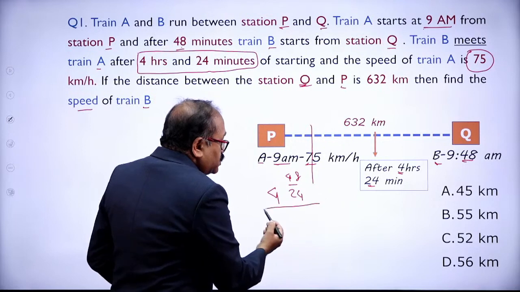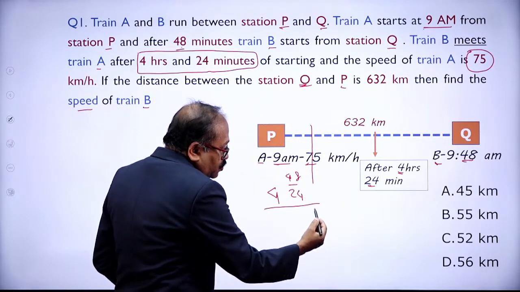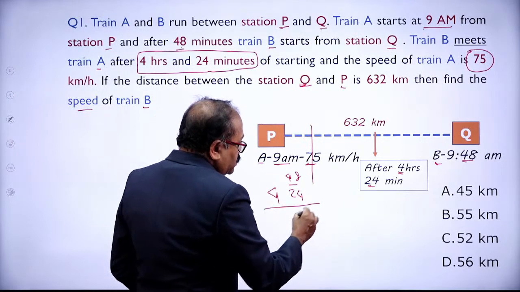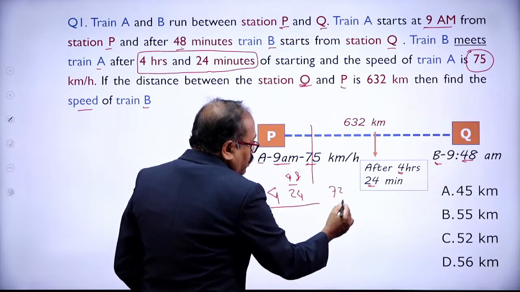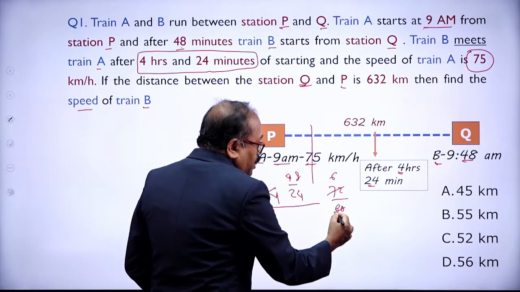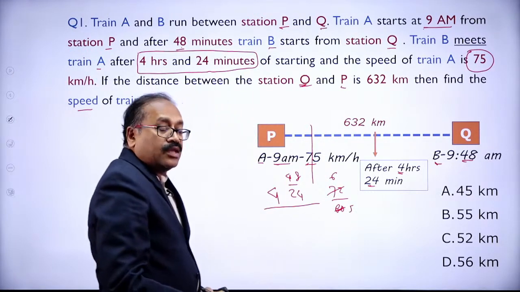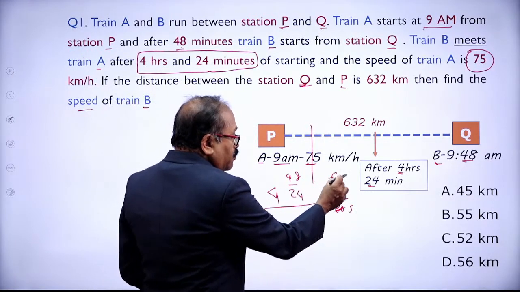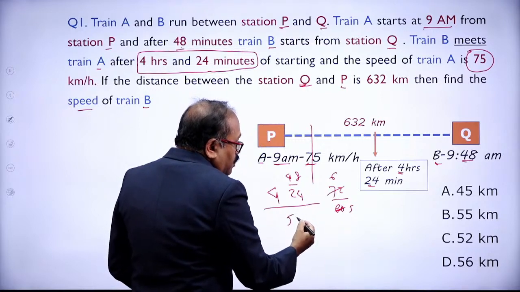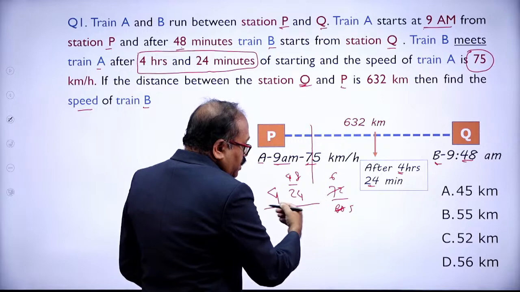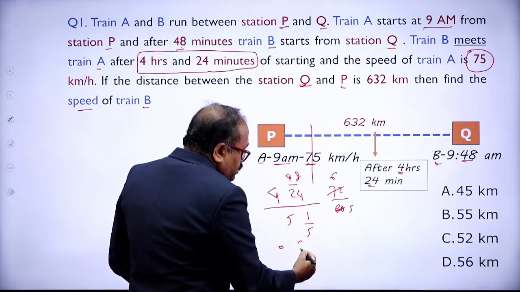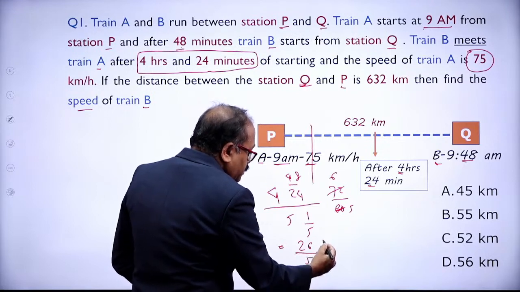Let's take how many hours this is. 48 minutes is 48 by 60, which is 4 by 5 hours, and 4 hours 24 minutes, which is 22 by 5 hours. So the total is 26 by 5 hours.